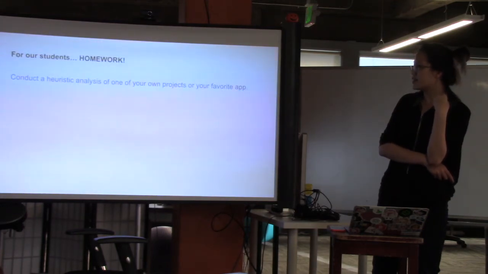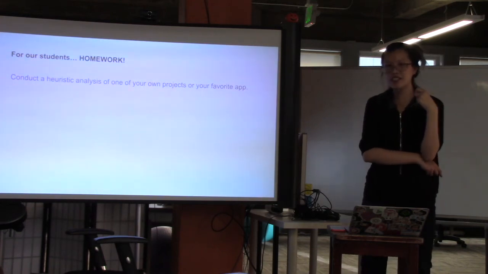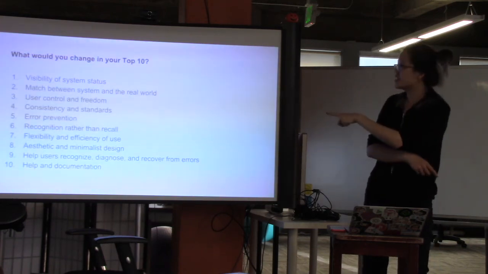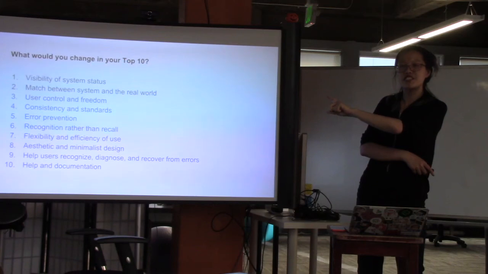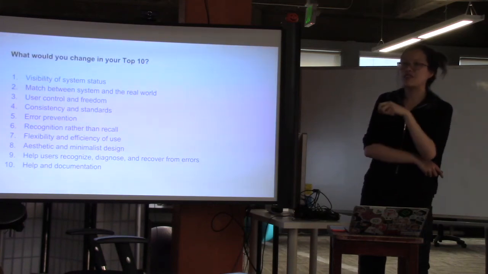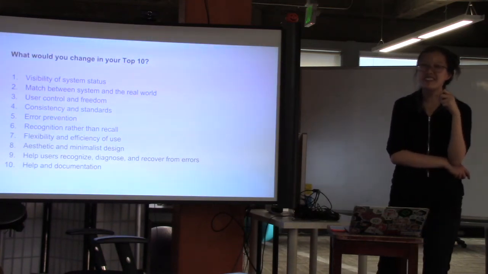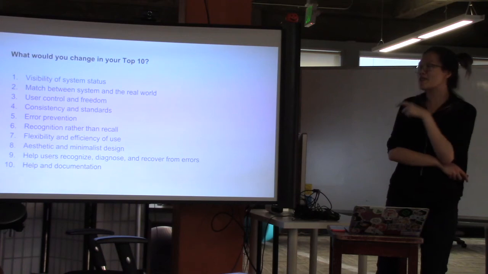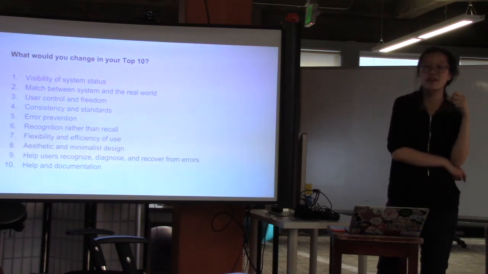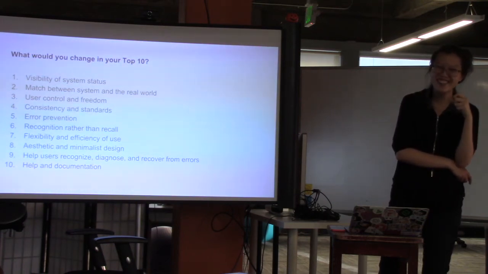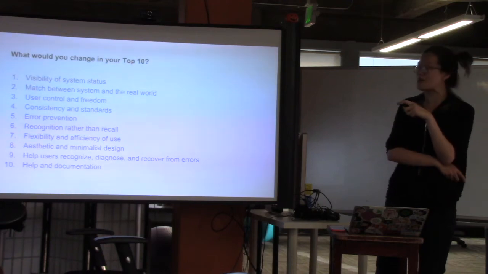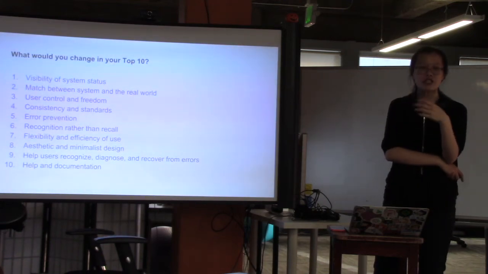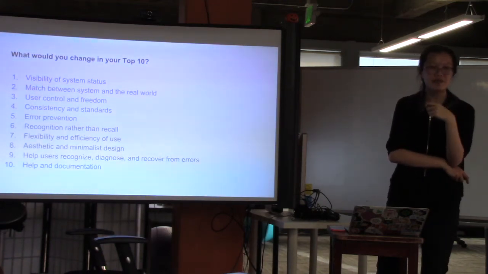Cool. Like it. And then for our students watching, discussion: is there anything about these that you would change, or add, or remove? Nielsen's not the only one that came up with 10 principles of design. This is the one I'm using because it's the most applicable to UI and usability.